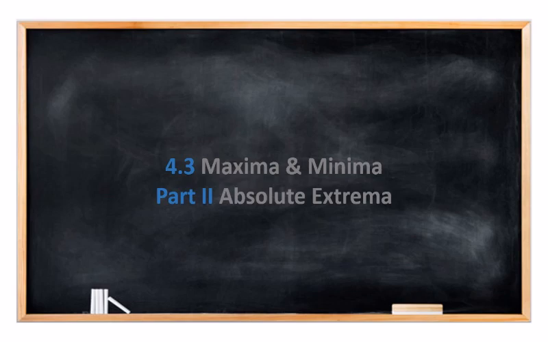So we find f of C for any critical points C. All right, and then we just compare the values. So we see which is the highest of those points, which is the lowest of those points, and those are our absolute maximum and minimum values respectively. All right, so the largest of these values is the absolute maximum, and the smallest of these values is the absolute minimum. All right, so that's what we'll do.